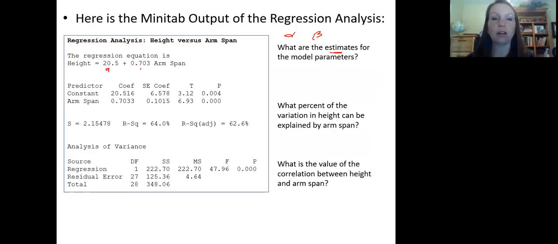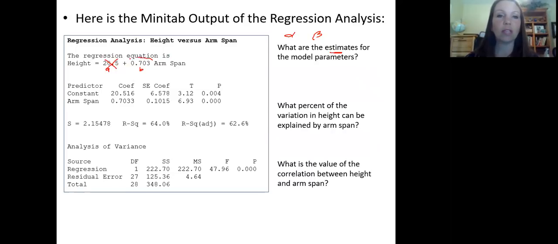So over here on our output, we can get those from our regression equation. That's one place. So the A, or the estimate for intercept, is 20.5, and B, the estimate for slope, is going to be 0.703. We don't care that much about the intercept, other than the fact that we need it to make our model function.